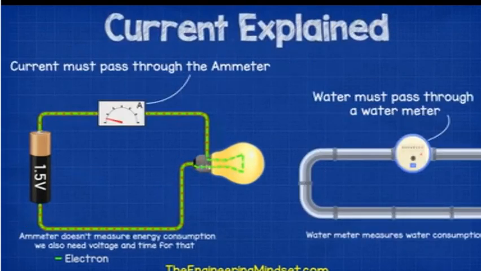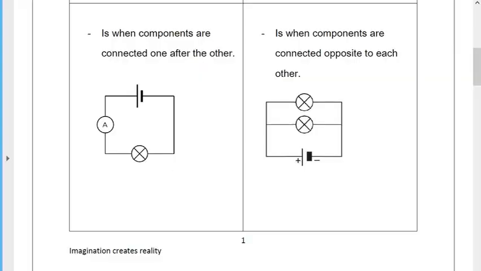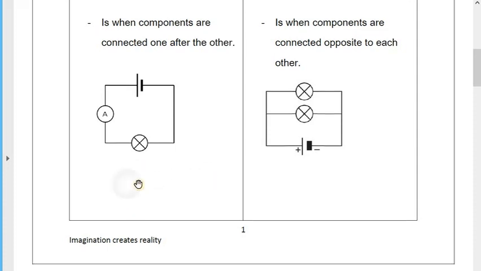So if we were to draw a circuit, remember that when you draw circuit diagrams, you don't actually draw the bulb like this. All you do is put a circle with an X inside, and that represents a bulb, right?